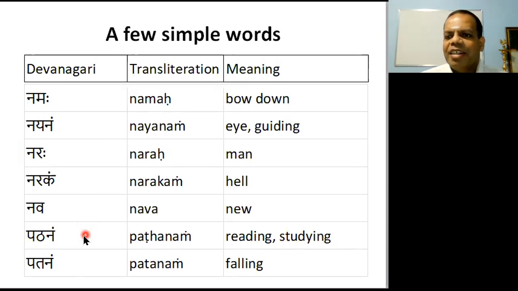The next word is pa, tha, na. Pay attention to the second letter, tha, which is the second letter in the ta varga, where you keep your tongue up, pointing up. Pathanam, that is to read or to study anything.